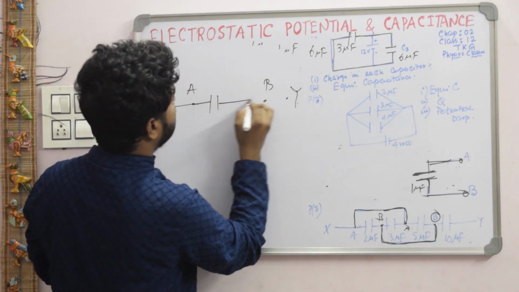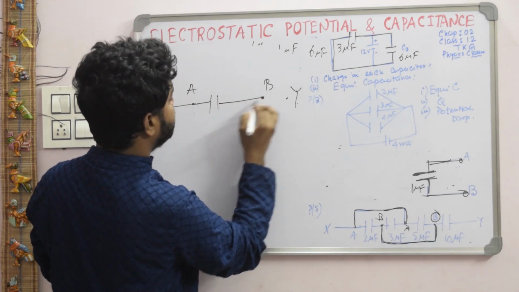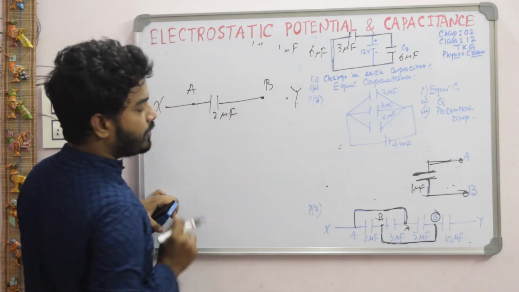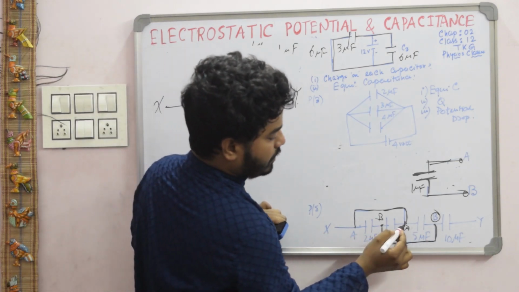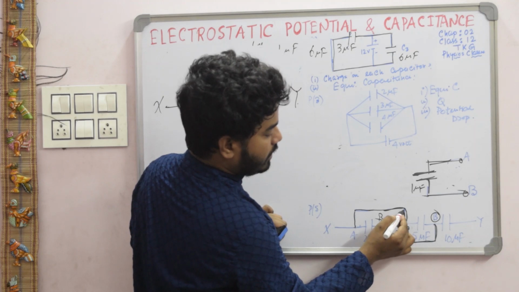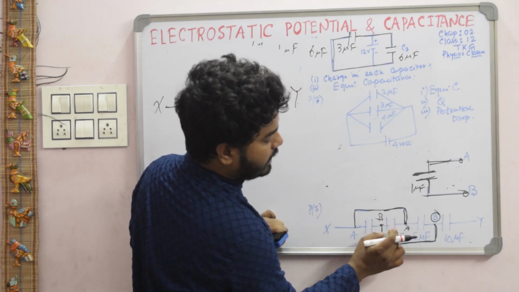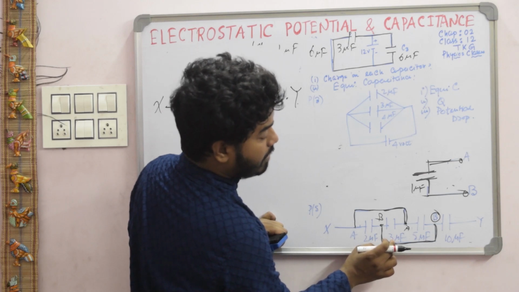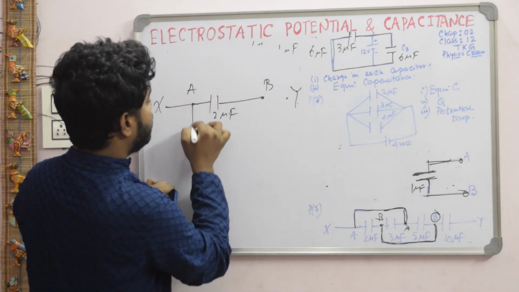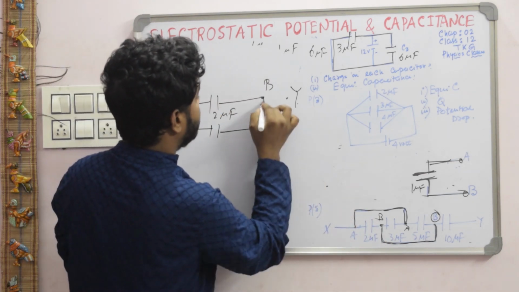A to B, 2 microfarad. Now check this one: between B and A there is another capacitor, 3 microfarad. So write it down, 3 microfarad.